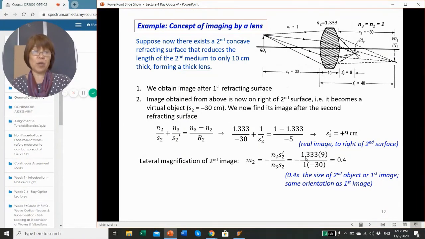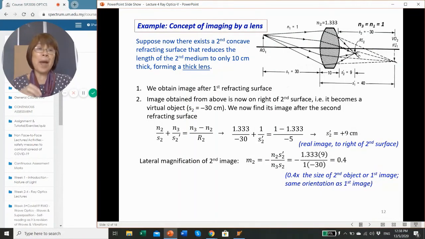So that's 1.333 divided by 1, s2 prime is 9, s2 is -30. Substituting into this, we get a positive 0.4, which means that this image is 0.4 times the size of the second object.